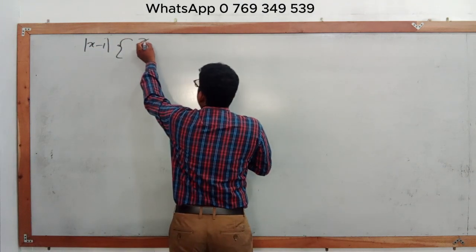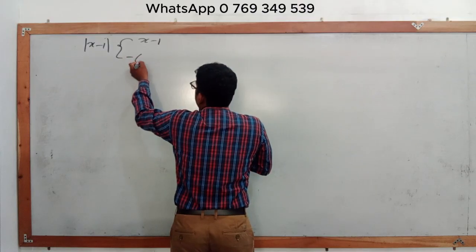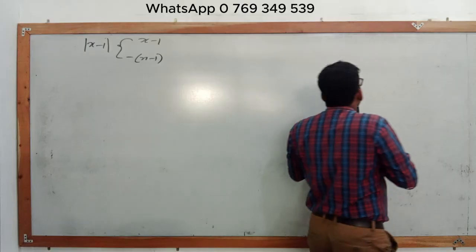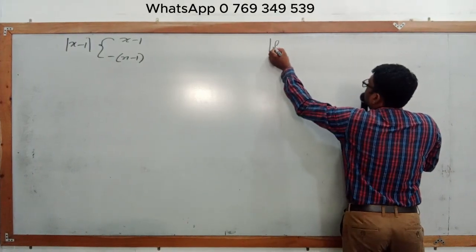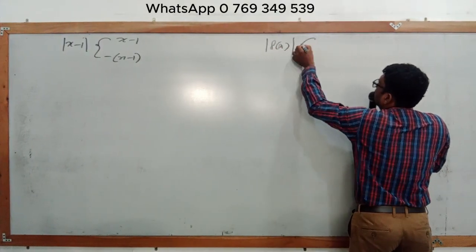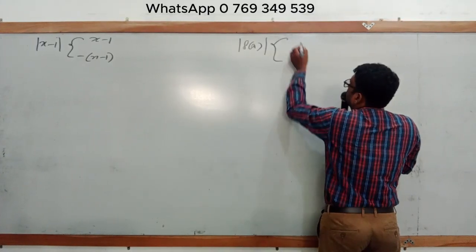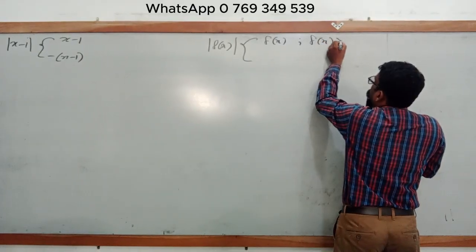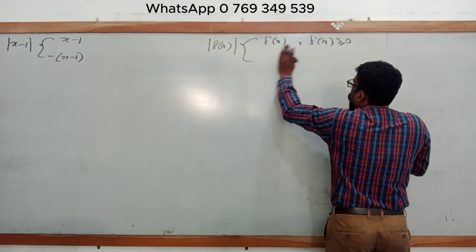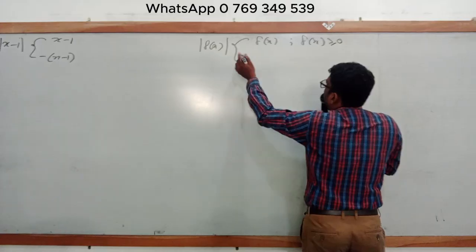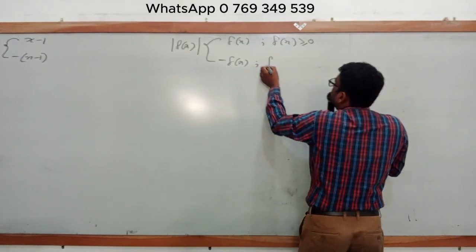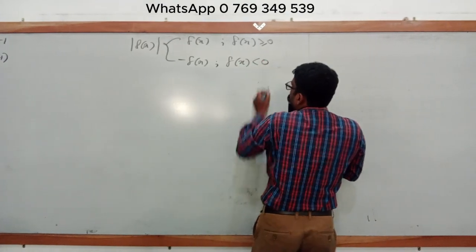Here we are using modulus x minus 1. What is the theory? Modulus fx we can take like this. We are using fx for fx greater than or equal to 0, and we use minus fx for fx lower than 0.